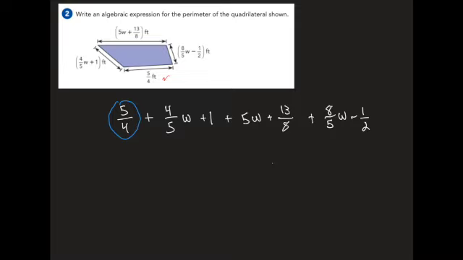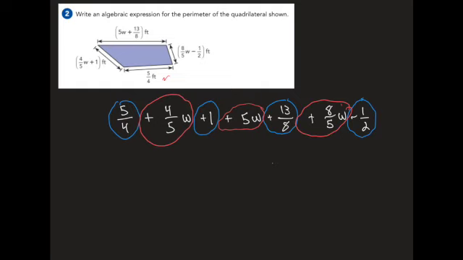So you circle with the sign to the left because it shows what kind of number it is. So that's a positive 1. This is a positive 13/8. This is a negative 1/2. And then in red, I'll do my w, so 4/5 w, positive 5w, positive 8/5 w.